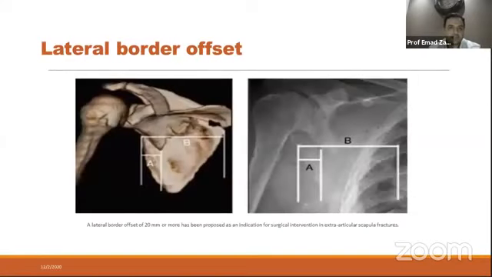The lateral border offset is very important, and more than 20 millimeters of lateralization of the distal fragment or medialization of the proximal fragment is an indication of surgical intervention. However, these are extra-articular fractures, but you have to fix them to regain the normal relationship between the proximal and the distal fragment.